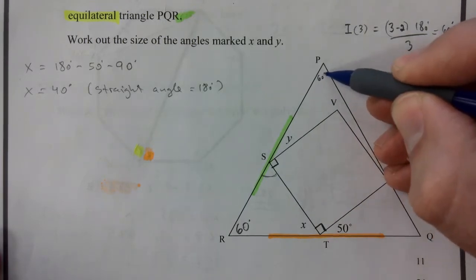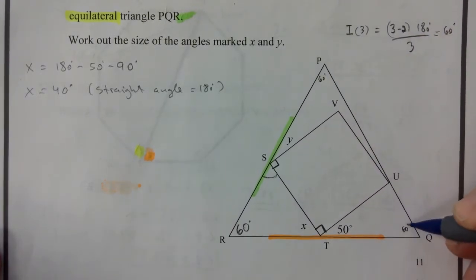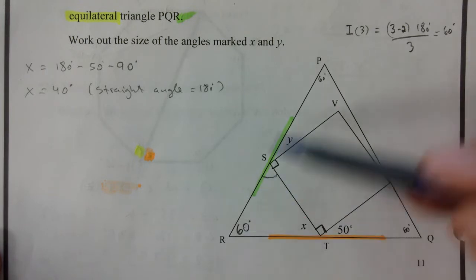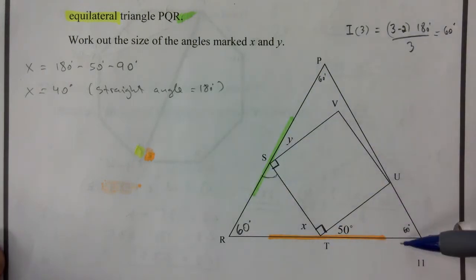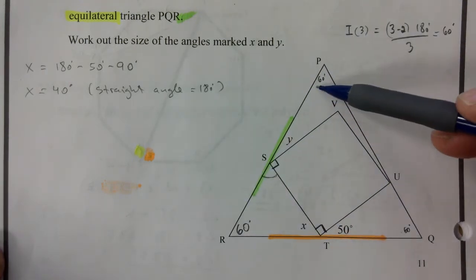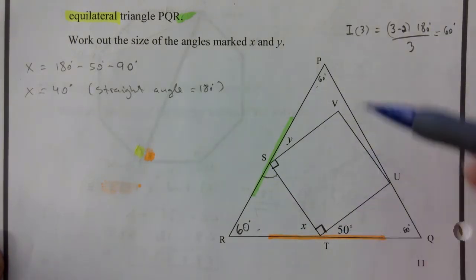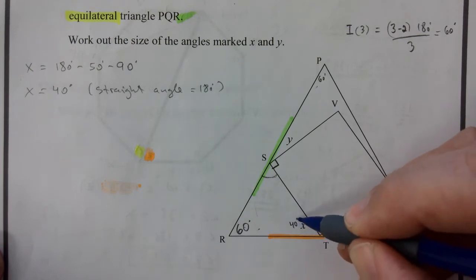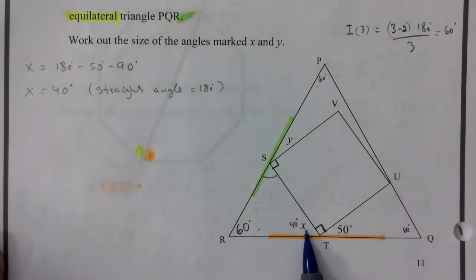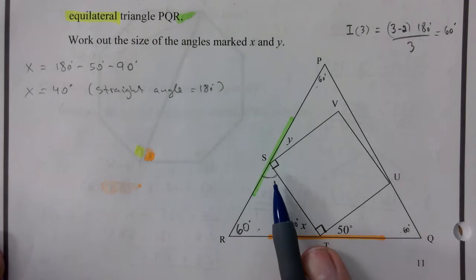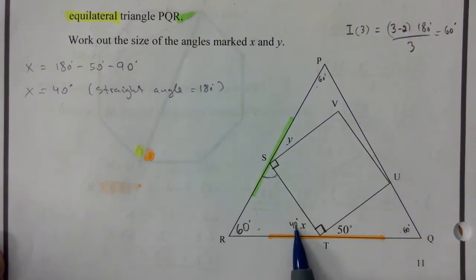So all of these in each corner of that big triangle, that's almost like my big polygon, right? That's 60. I should have started with that actually, but anyways. So if I now know that this is 40, I figured out that x is 40, so this must be 80 here, right? Because 60 and 40.